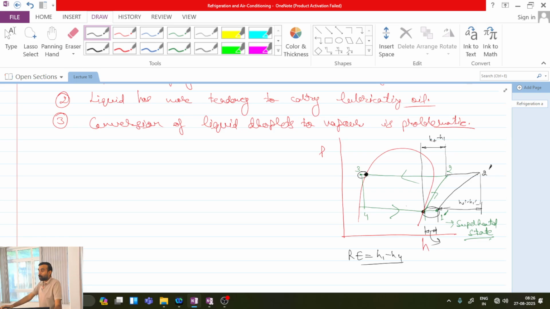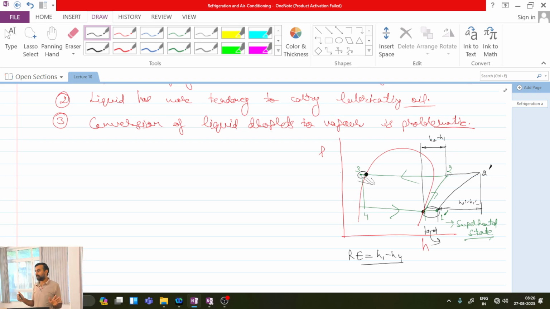Now if I use a common heat exchanger through which I pass the refrigerant from the exit of the evaporator, then these will be exchanging heat among themselves, and I will be having subcooling driven only because of the refrigerant itself. I need not put any extra effort for subcooling at the exit of the condenser. Is this one clear? So my two issues will be resolved simultaneously.